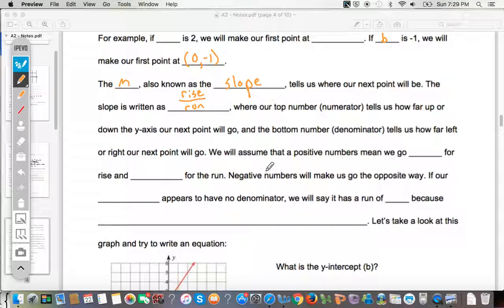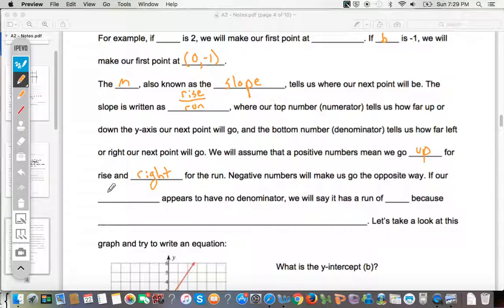Our top number, the numerator, tells us how far up or down the y-axis our next point will go, so the rise, and the bottom number, or the denominator, tells us how far left or right our next point will go, so the run. We will assume that a positive number means we go up for rise and right for run. Negative numbers will make us go the opposite way.